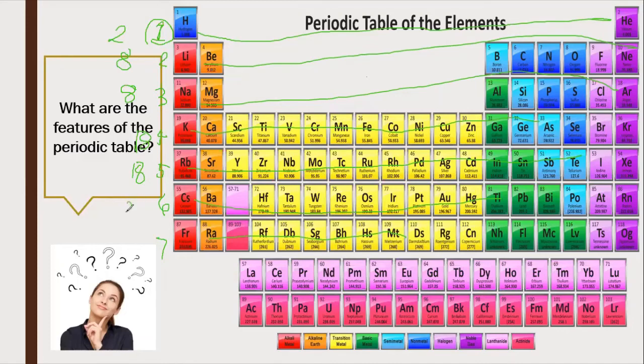Okay, 32. Bakit naging 32? Okay, kasi meron pa dito, oh. Itong 57 to 71 na yan, ito yun na nasa baba. And that is what we call the Lanthanide Series. Okay, how about in period 7? Okay, we also have 32.